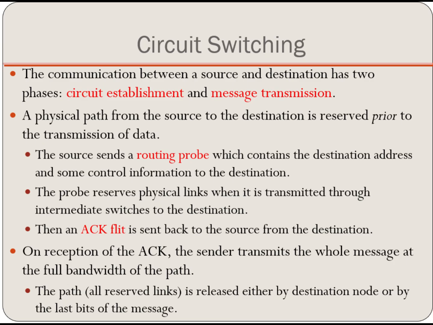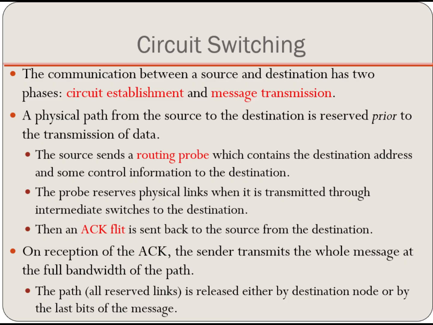When the probe arrives at the destination, the destination will send back an acknowledgement through this arriving path. And during this acknowledgement delivery, the acknowledgement reserves those links. So when the acknowledgement comes back to the source, the links are also reserved.